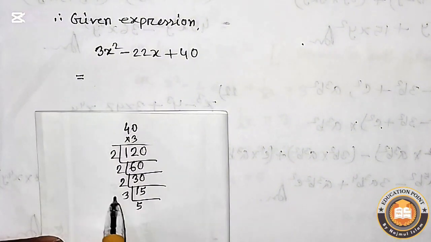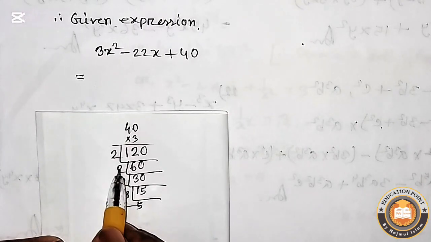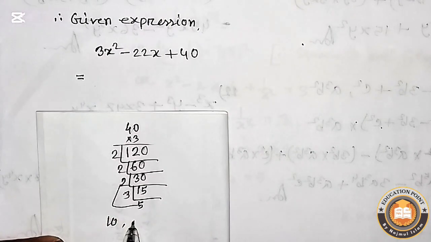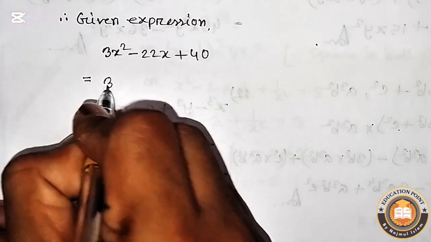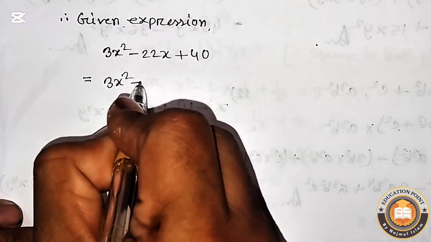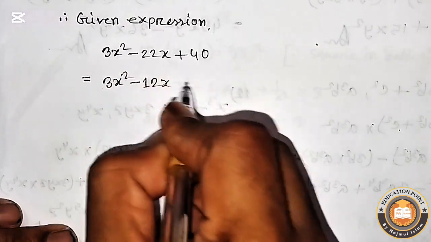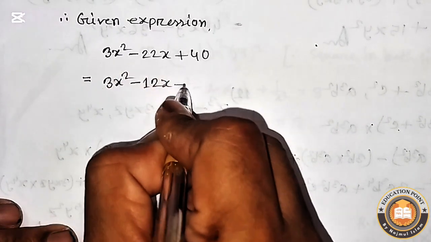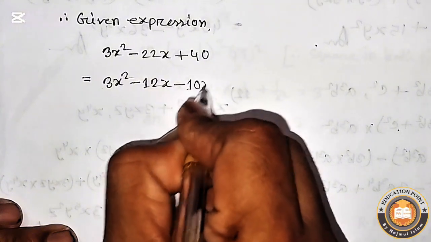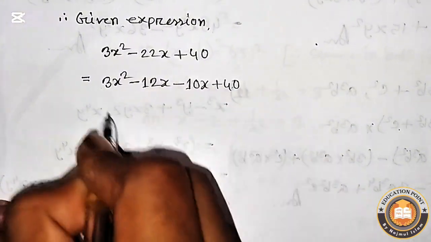So the two numbers are 10 and 12. Now we can write 3x square minus 12x minus 10x plus 40.